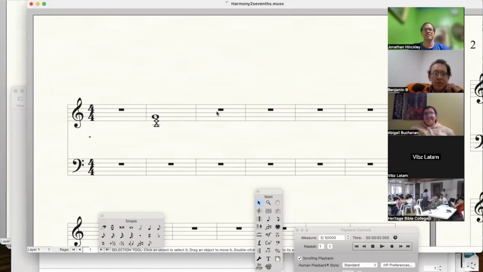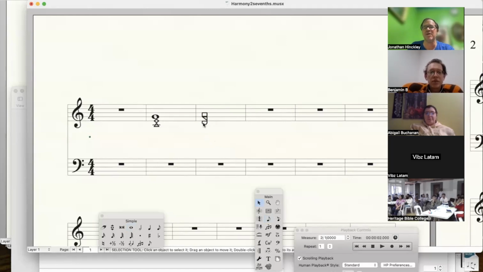Okay? Let's build the next one. If the root is re, then what's the third? Fa. And the fifth is la. So we're skipping as we go. Re, skip mi, fa, skip so, la.